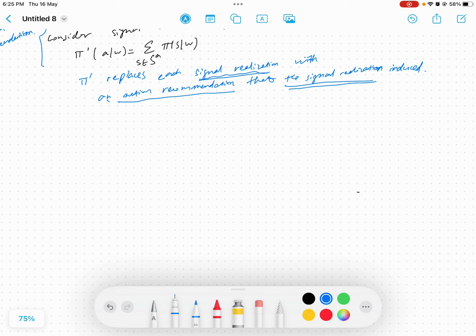Good. So because A was an optimal response to each S from the SA set, right? So this A must also be an optimal response to the realization A from the pi prime, right?